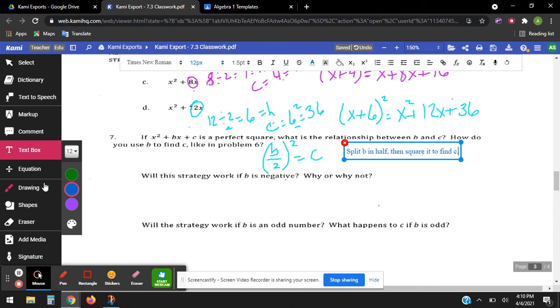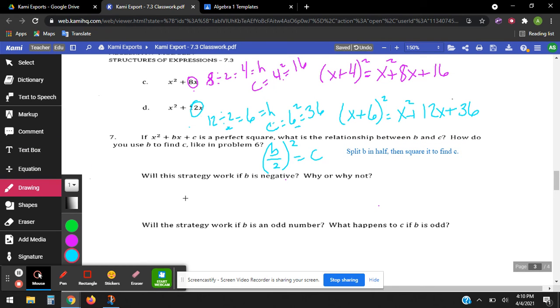All right, will this work if b is negative? Why or why not? Well, let's try it. Let's do x squared minus 8x and see if we can complete that. All right, so let's plug it into this equation right here. Negative 8, cut it in half, and then square it.